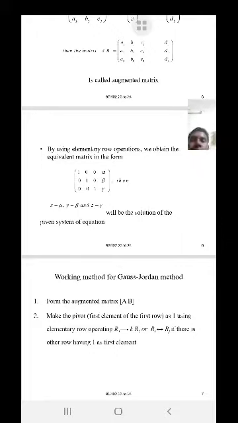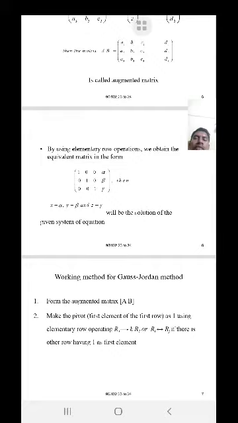The three rows and three columns should form a unit matrix or identity matrix, that is 1 0 0, 0 1 0, 0 0 1, and the last column, whatever comes, we say alpha, beta, gamma, that is the fourth column. If we bring the AB matrix into this form, then we can directly say x equals alpha, y equals beta and z equals gamma will be the solution of the given system of equations.